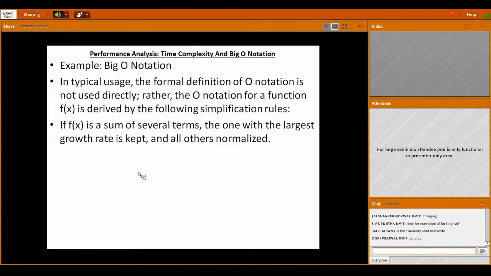Prajwal says ignore. Not Sai Karthik, Sai Charan. Sai Charan, CSCA. Sai Prajwal says ignored. Aditya, CSCD. Anyone?